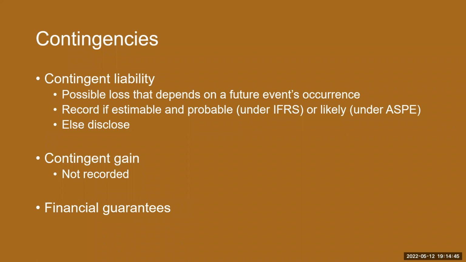So depending on the likelihood of the future event, and whether the amount expected to be paid out can be determined, we will need to set up a liability, otherwise simply disclose.